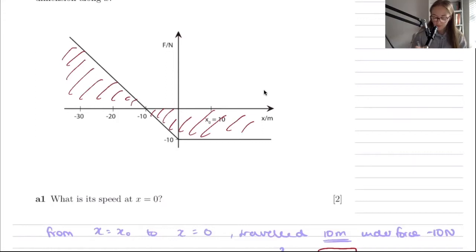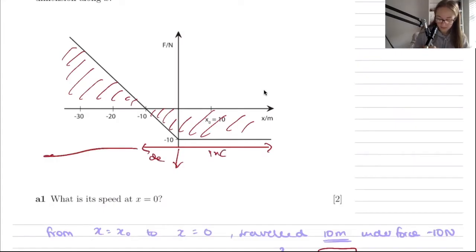So if we start at 0, let's say, then our area is increasing as we move to the right. And then if we move to the left, our area decreases until it gets to 0. And then it increases again beyond that 0.